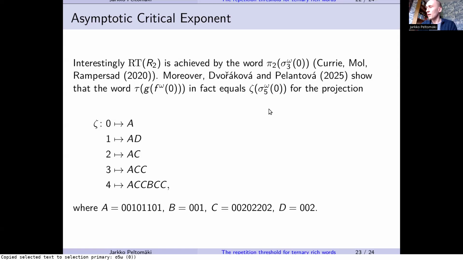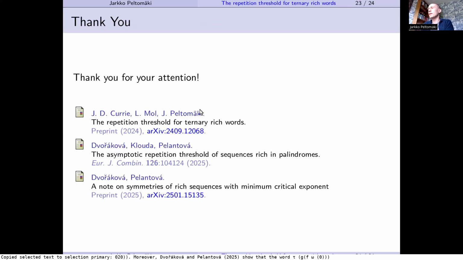We didn't really try to see if any of our proofs are easier if you use this form instead of this form, but I think they are. My guess is that they are both equally horrible to work with. And yeah, that's actually all I wanted to say today. So thanks for listening.